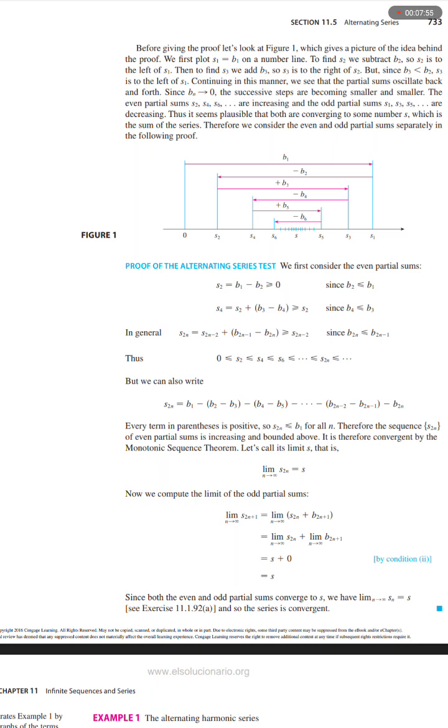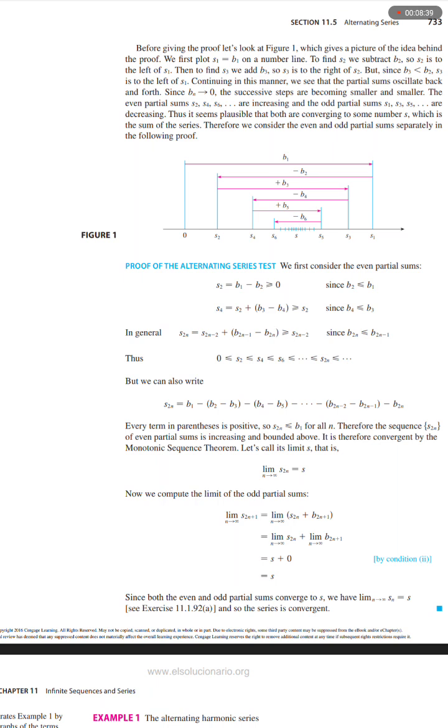Let's call its limit s, that is, the limit as n approaches infinity of s sub 2n equals s. Now we compute the limit of the odd partial sums. The limit as n approaches infinity of s sub 2n plus 1 equals the limit as n approaches infinity of (s sub 2n plus b sub 2n plus 1) equals the limit of s sub 2n plus the limit of b sub 2n plus 1 equals s plus 0 equals s.